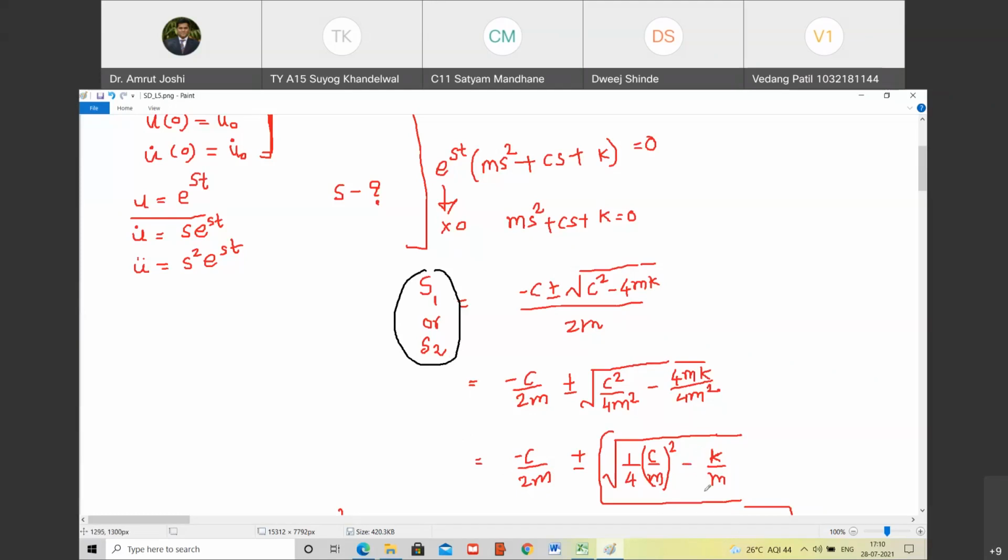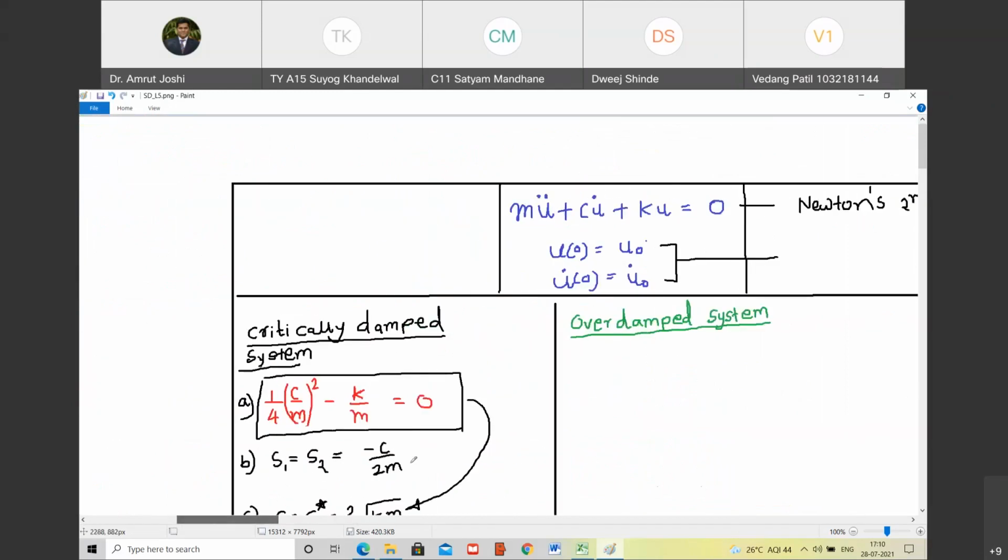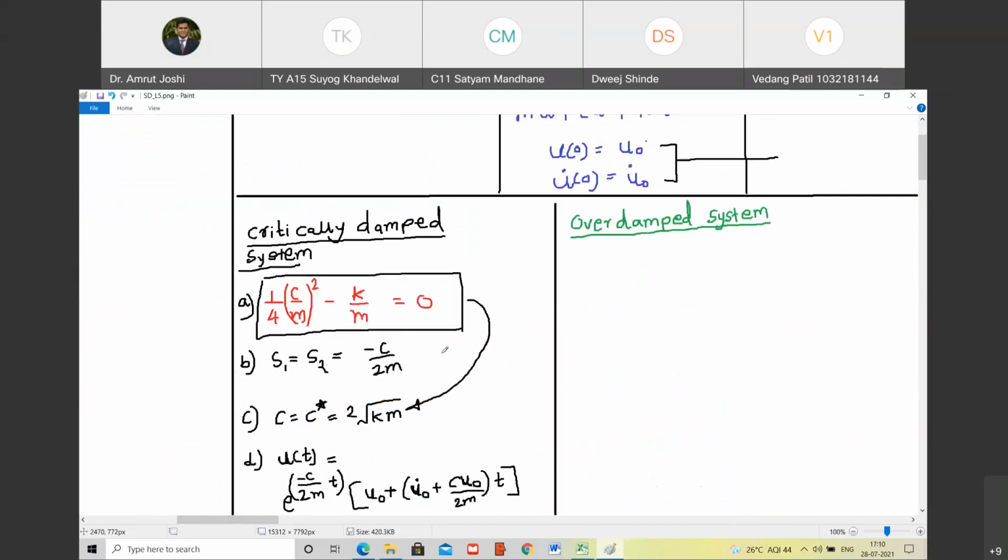So therefore ये condition होना चाहिए कि this quantity must be zero, that depicts the critically damped system. तो ये quantity zero हो गया and then s1 becomes equal to s2 and it becomes minus c by 2m.